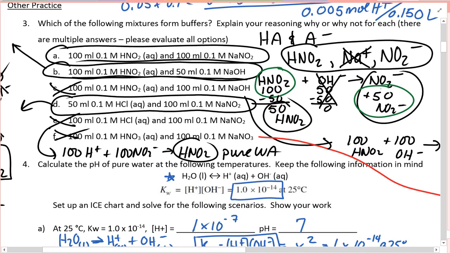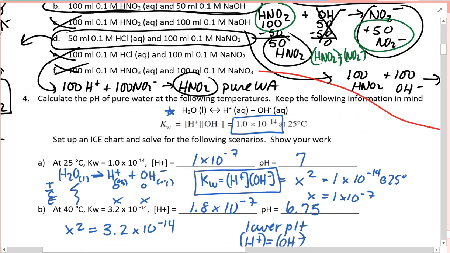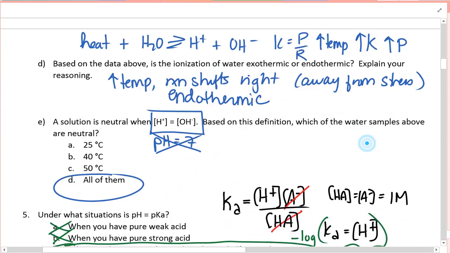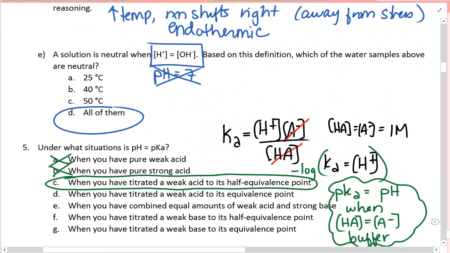So at this point, I have 50 acids and 50 bases. Notice right here, my concentration of my acid is equal to the concentration of my base. This happens when you are halfway to equivalence in a titration. Okay, so that happens in C.